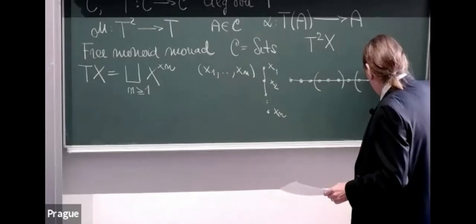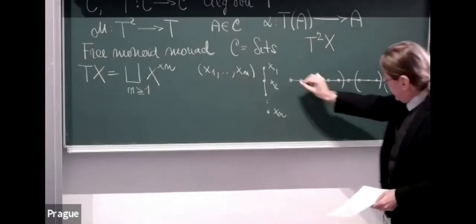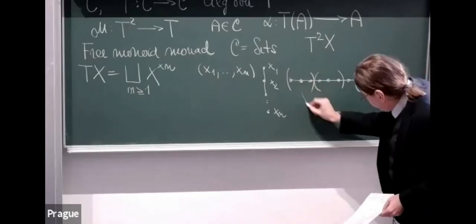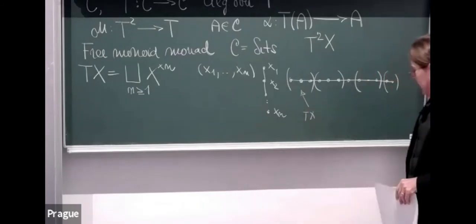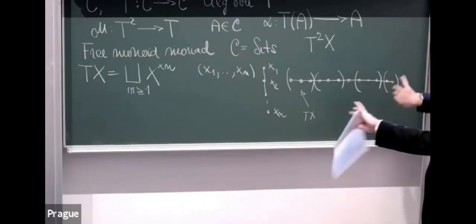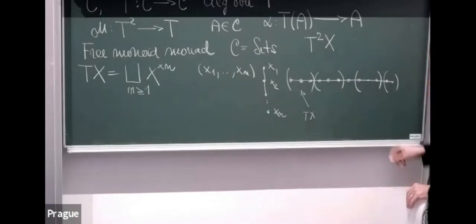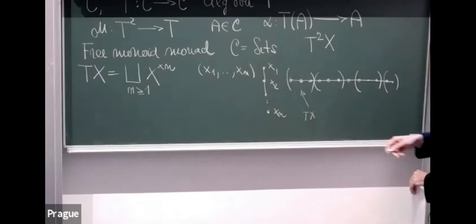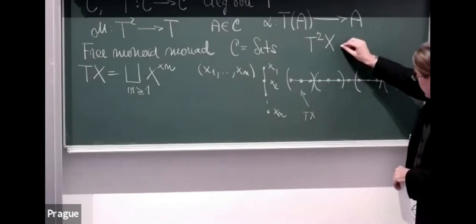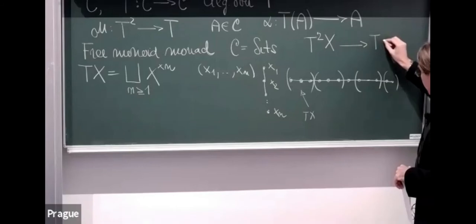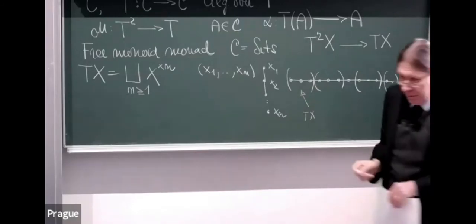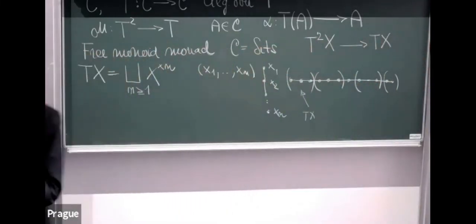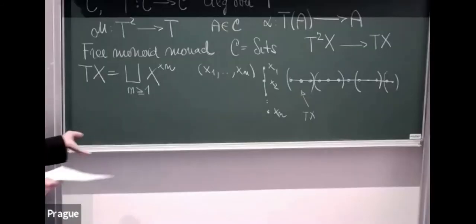These intervals indicate that here I am in TX, and the whole thing symbolizes an element of T squared X. And mu in this particular case just forgets the bracketings. I believe it's pretty obvious, and certainly you are immediately able to see how the unit is defined.